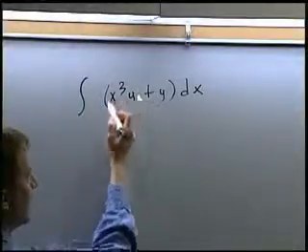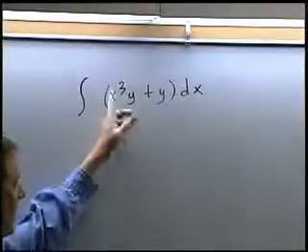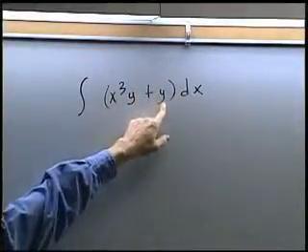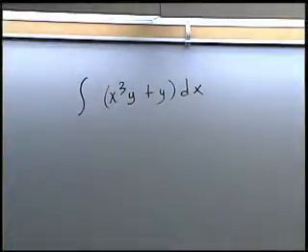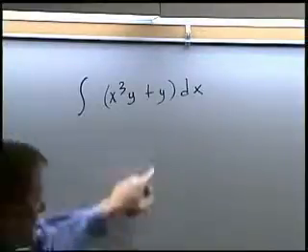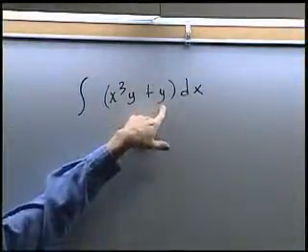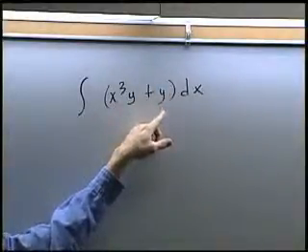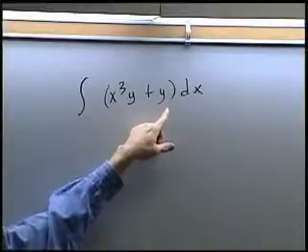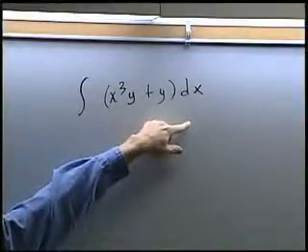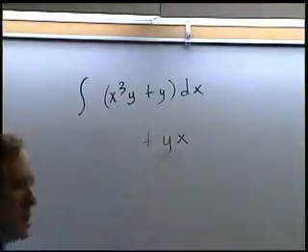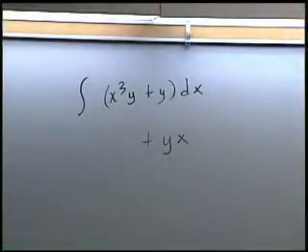So if I look at the second term first, if this is just a number, what is its antiderivative? Like if that would be a 10, what would be its antiderivative? It would be 10x, wouldn't it? So if this is just a number y, what's its antiderivative? It's just this number times x, isn't it?